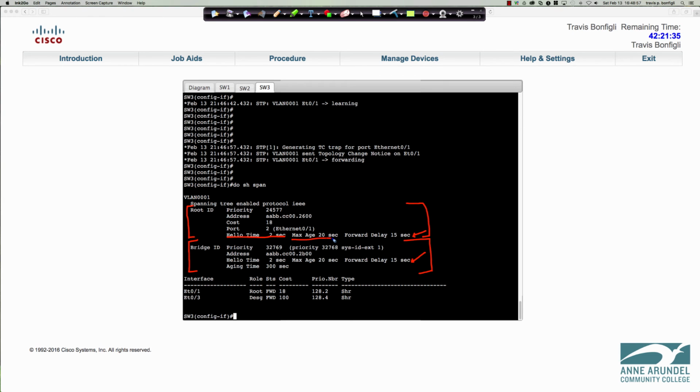So think of this as almost like the dead timer with OSPF, where it counts down from 40 seconds, and when it gets down to 0, the adjacency is gone. It's the same thing with the max age time. The root port that is receiving BPDUs is going to cache those BPDUs in memory for max age time. Now, it should be getting a BPDU every 2 seconds coming from a designated port.